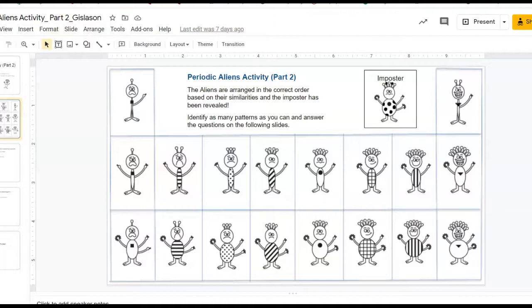Let me pick on Naima. Naima, what did the antenna on the aliens' heads actually represent?